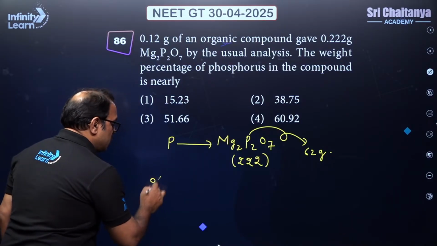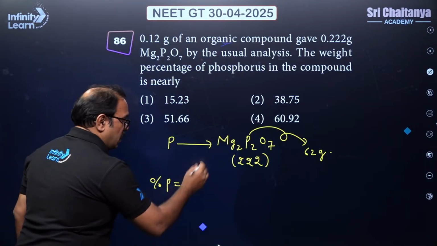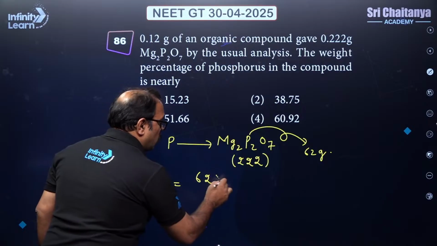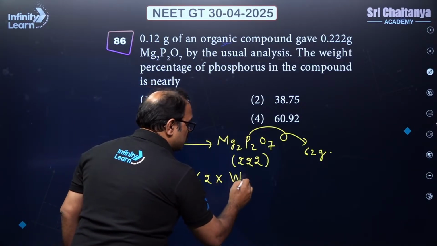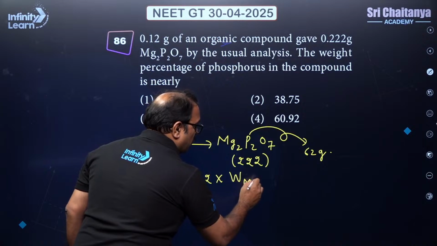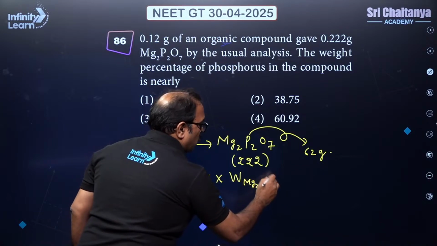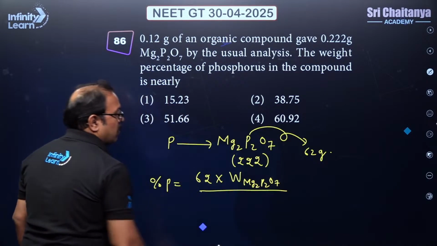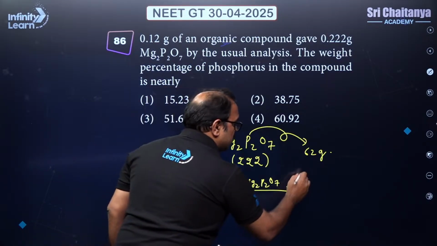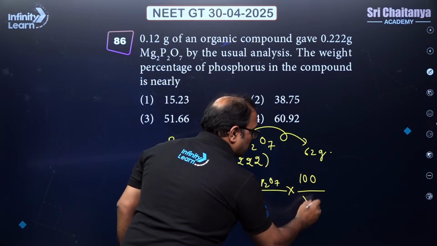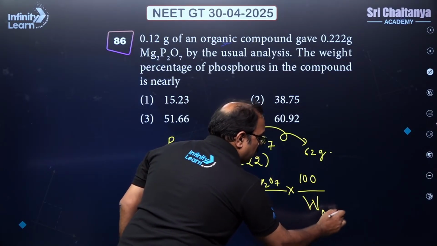So the percentage of phosphorus can be written like this: 62 into the weight of magnesium pyrophosphate, Mg2P2O7, divided by 222, since you are estimating phosphorus as magnesium pyrophosphate. And how much is this percentage? We are calculating with respect to the weight of the organic compound.